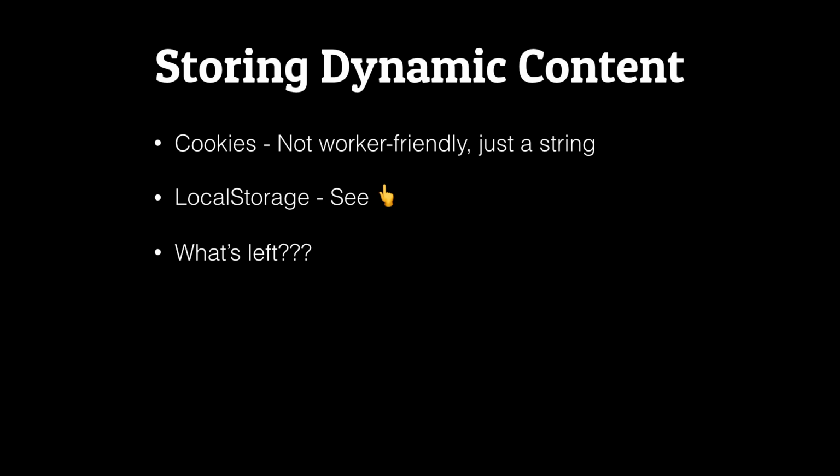Two of the options that have been around for ages are cookies and local storage, but these are problematic for several reasons. First, they just store string values, so anything that can't easily be serialized to a string is going to be problematic here. They're also not worker-friendly, meaning they can only be accessed on the main JavaScript execution thread, not from a JavaScript worker. So the service worker can't directly touch these things.